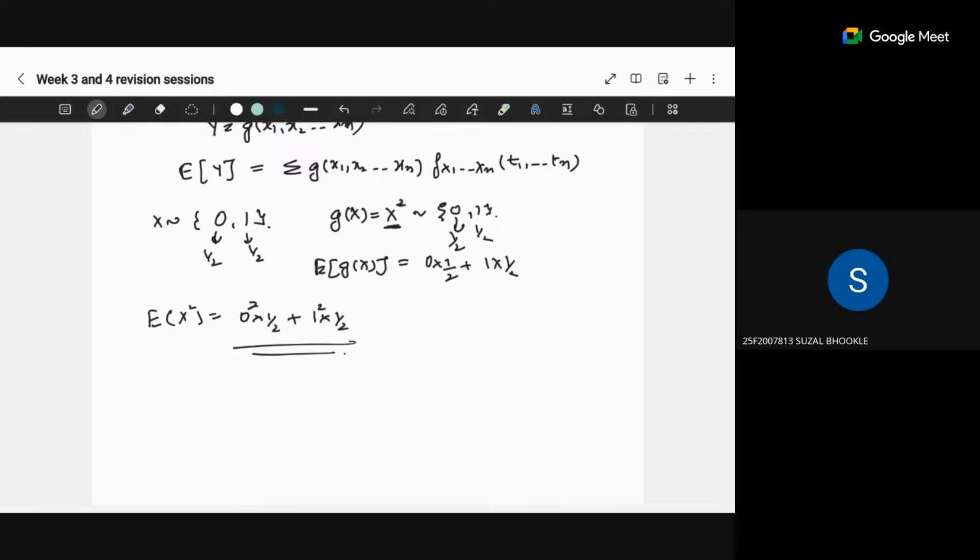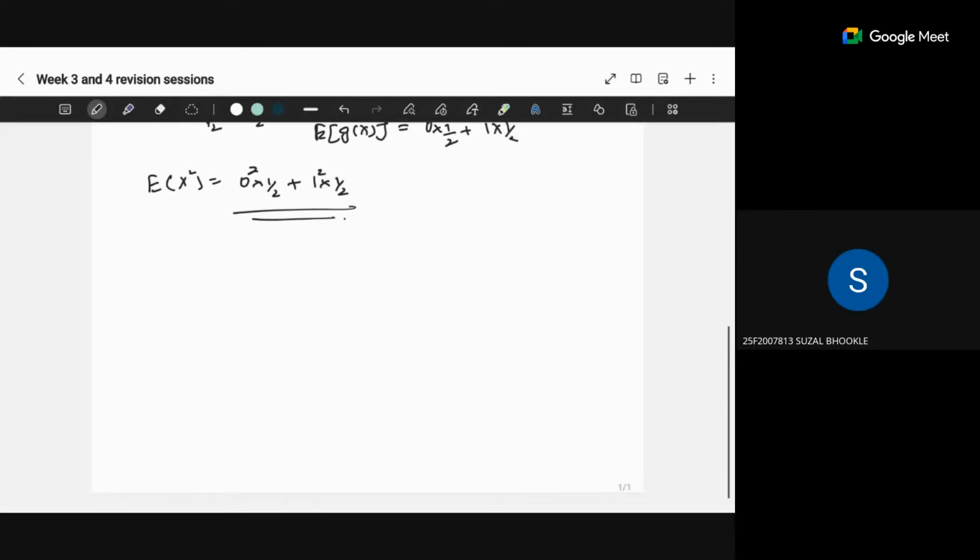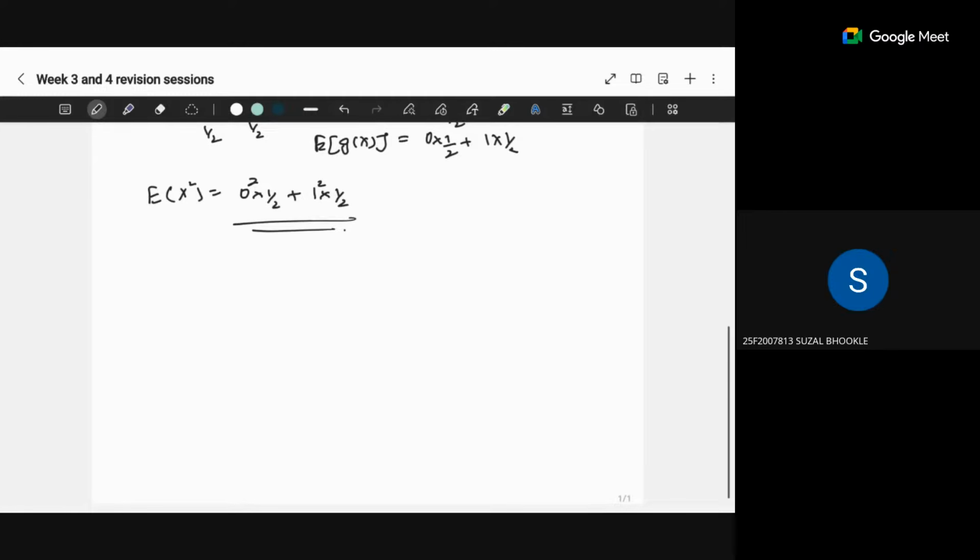Now, what else we had? Then we had the variance, right? What is variance of x? Expectation of x square minus expectation of x whole square.